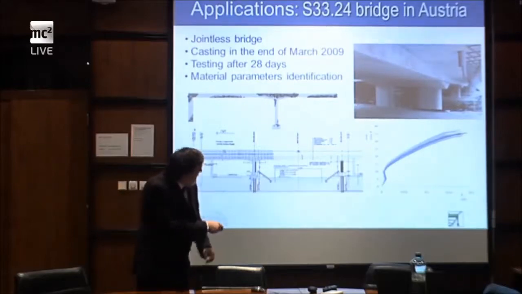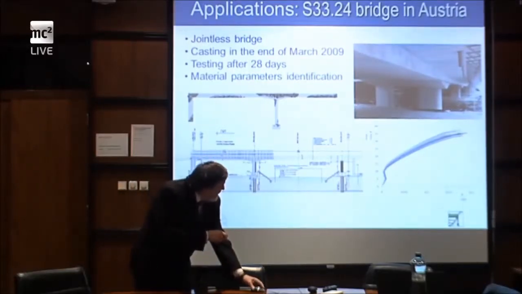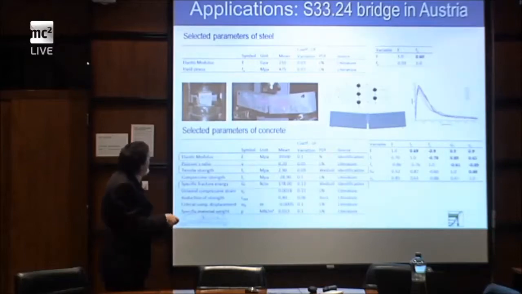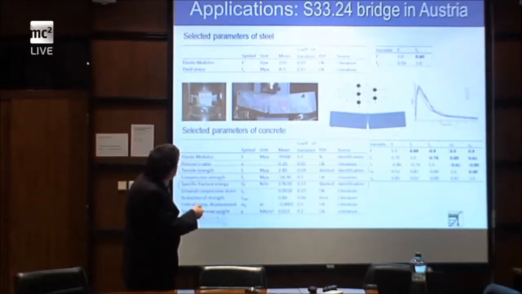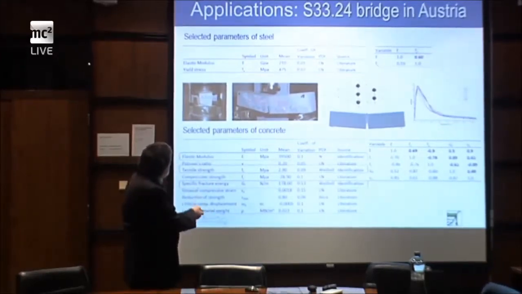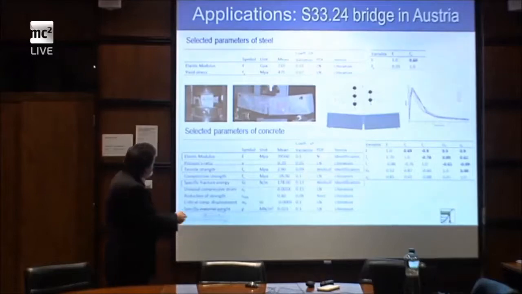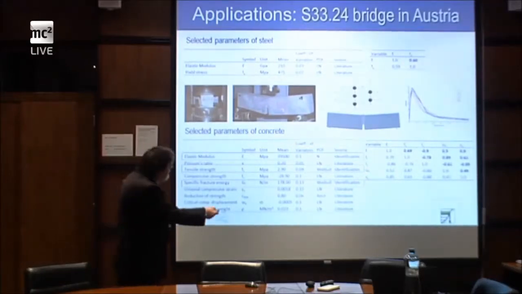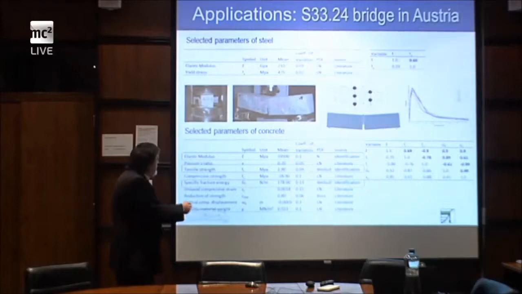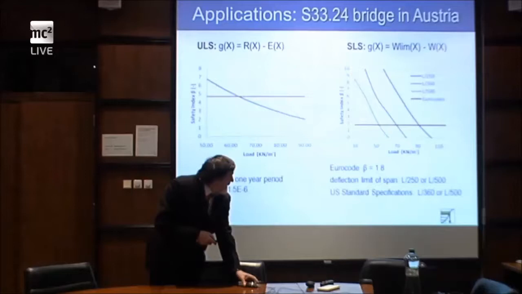These are random load-deflection curves for reliability analysis. And again, fracture mechanical parameters were identified based on specimens of the concrete of this bridge, right? So we had quite good information for concrete parameters from identification. Also a correlation matrix has been estimated. This was the stochastic model for which we went to reliability analysis.